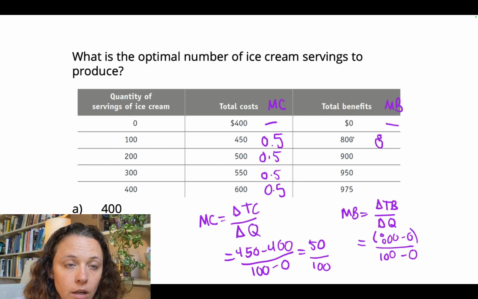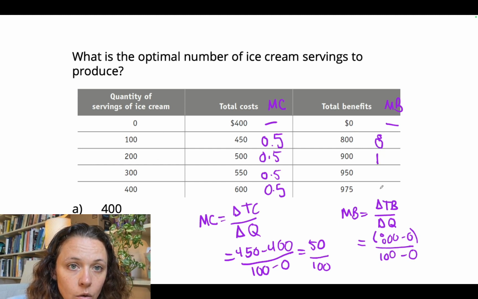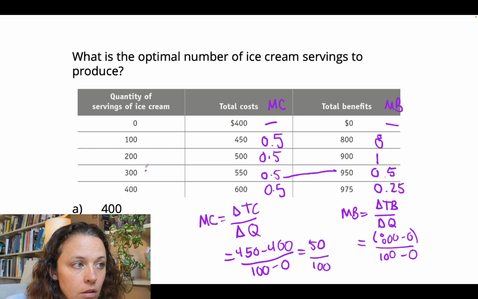Now for the next one, I'm going up by 100, increasing by 100. So this is going to be 1. Now I'm going up by 50, going up by 100, so that's going to be 0.5. And then here I'm going up by 25 and going up by 100, so that's going to be 0.25.